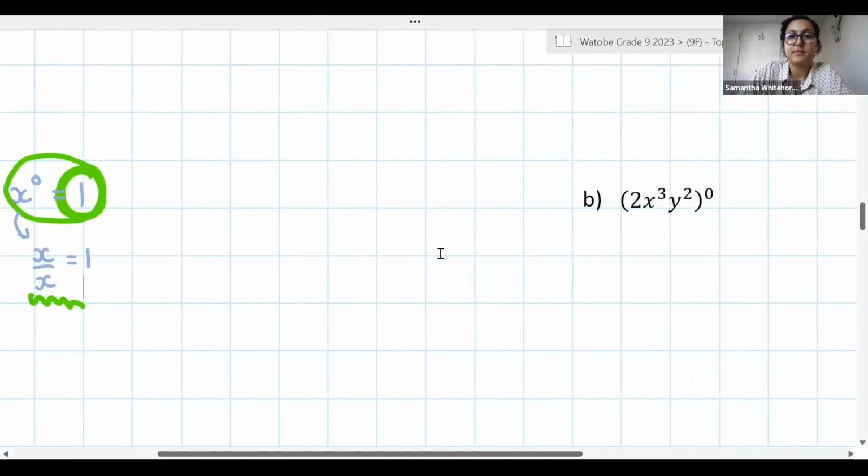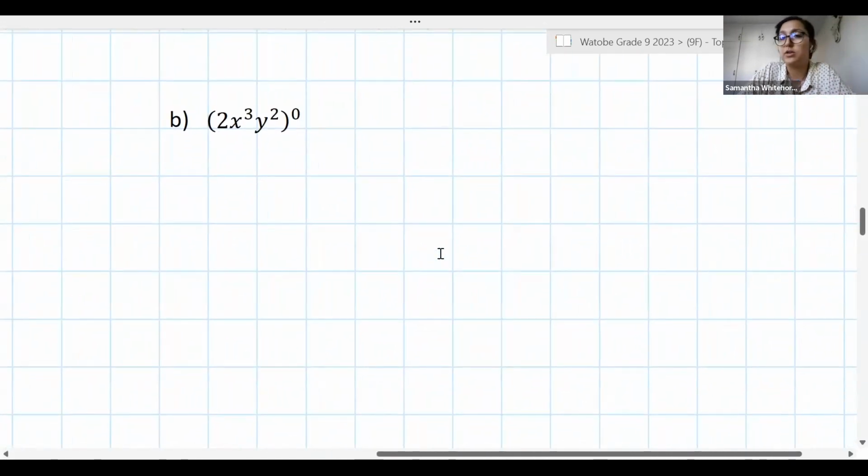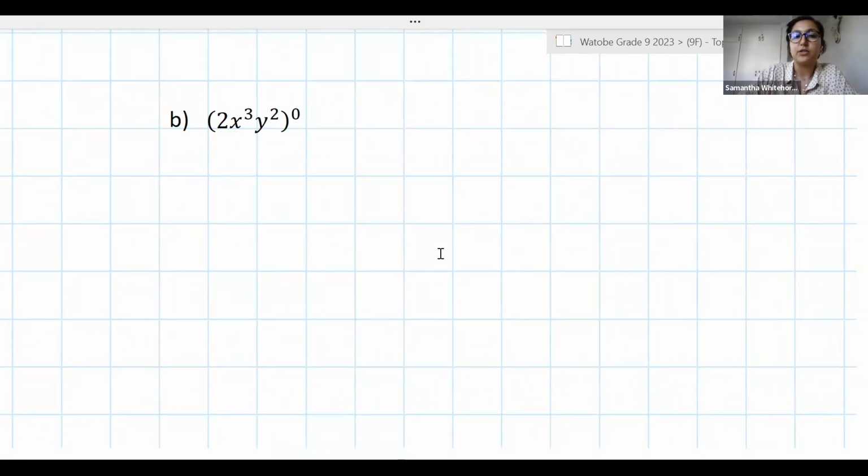Alrighty. Okay, so let's have a look at B. Now, once again, you can think of this in a couple different ways, but let's apply the laws that we know. So right now we've got a bracket raised to an exponent, and that means we need to distribute. Now, guys, remember, if you don't see an exponent attached to a number, there is actually an exponent of 1 there. So this 2 does have an exponent of 1.